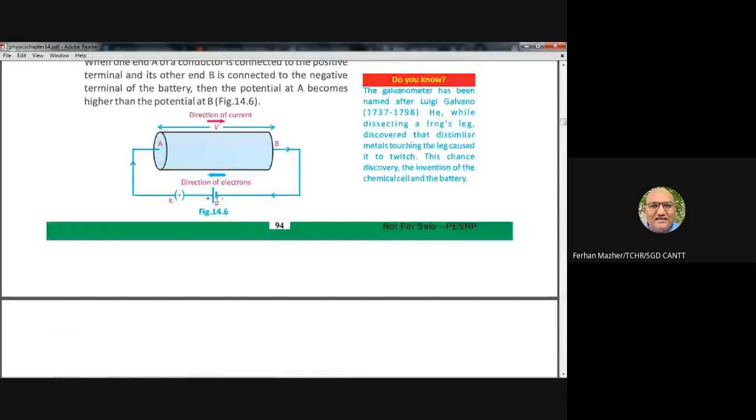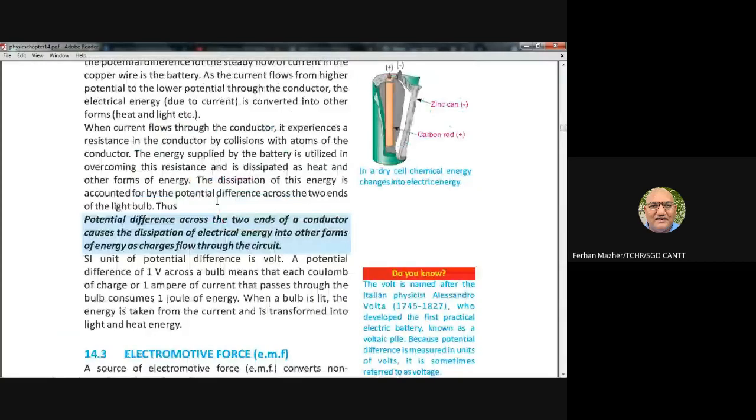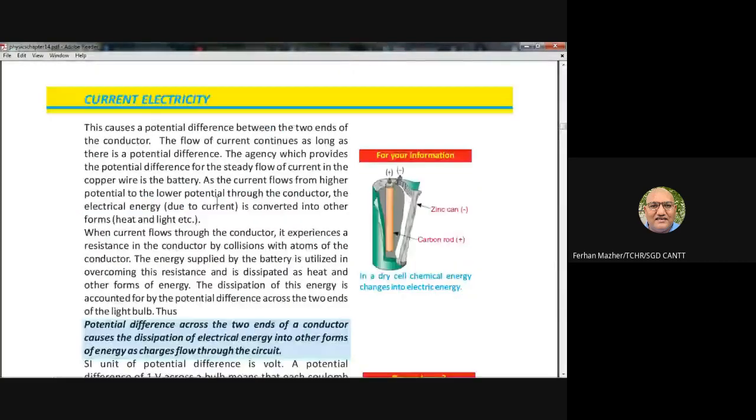If you just check the definition of the potential difference, potential difference means energy divided by charge. This is the mathematical form. Potential difference is basically energy divided by charge.